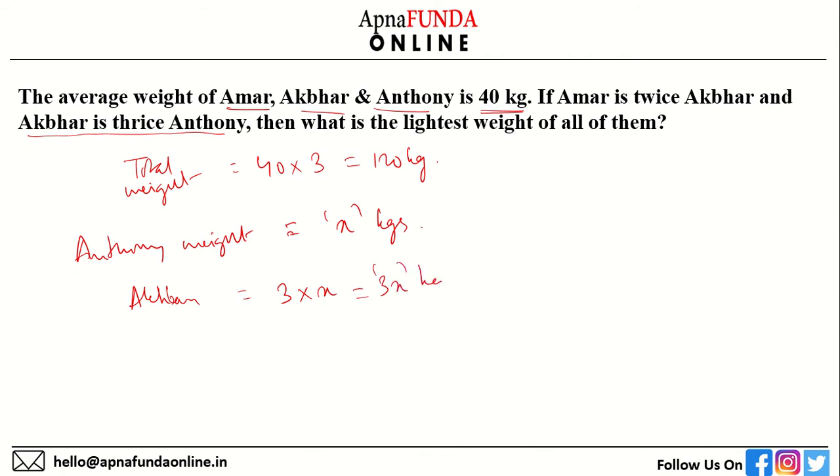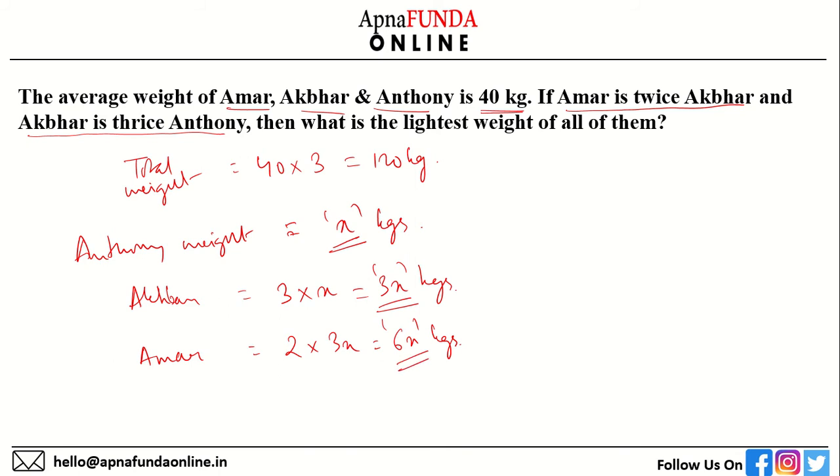So he is 3x kgs. Correct. And Amar is twice Akbar. So Amar is twice Akbar. So Amar is 6x kgs. So we have Anthony as x kgs, Akbar as 3x, and Amar as 6x kgs.